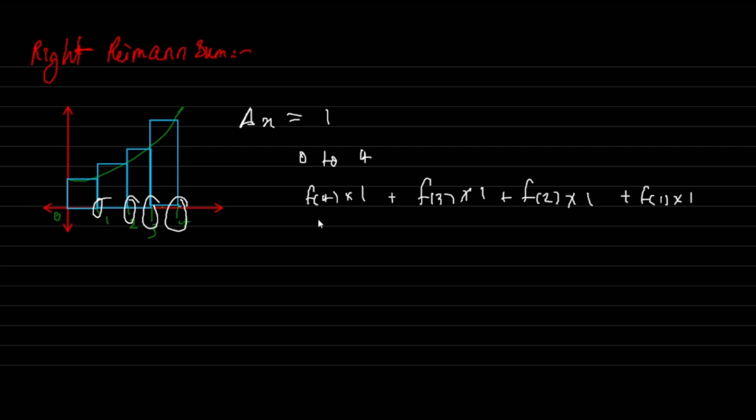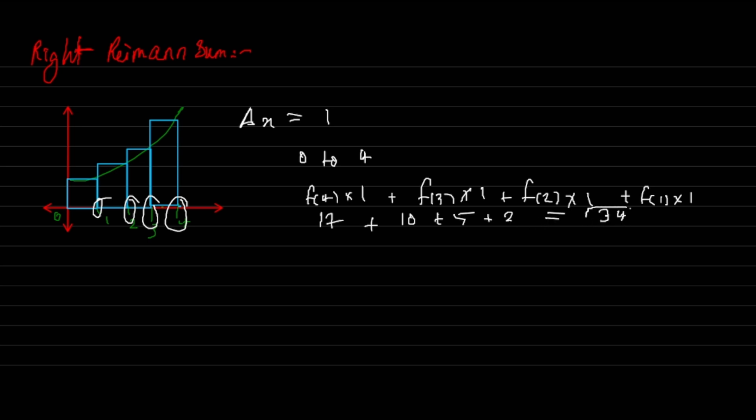So f of 4 is obviously going to be 16 plus 1, which is 17 times 1. This is 10, this is 5, and this is 2. So now what we get is 17 plus 10 plus 5 plus 2. This gives us 34.